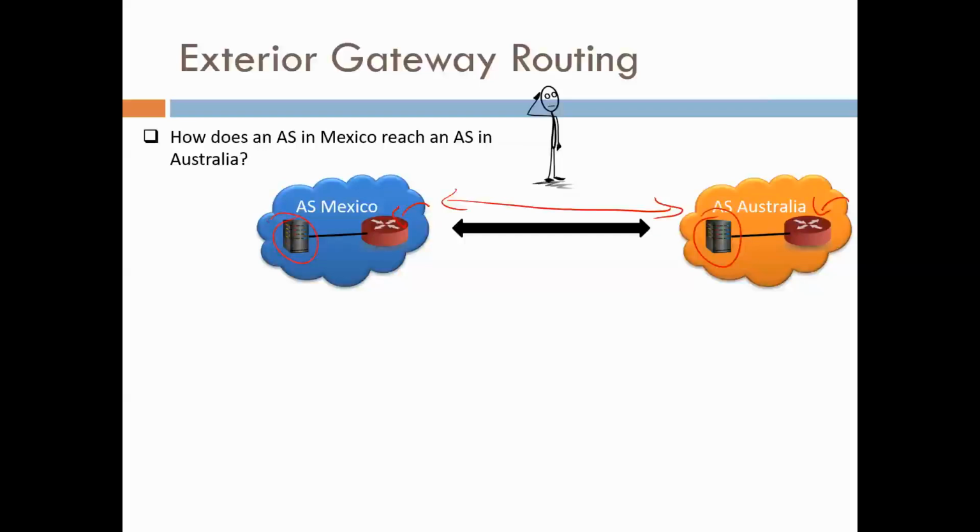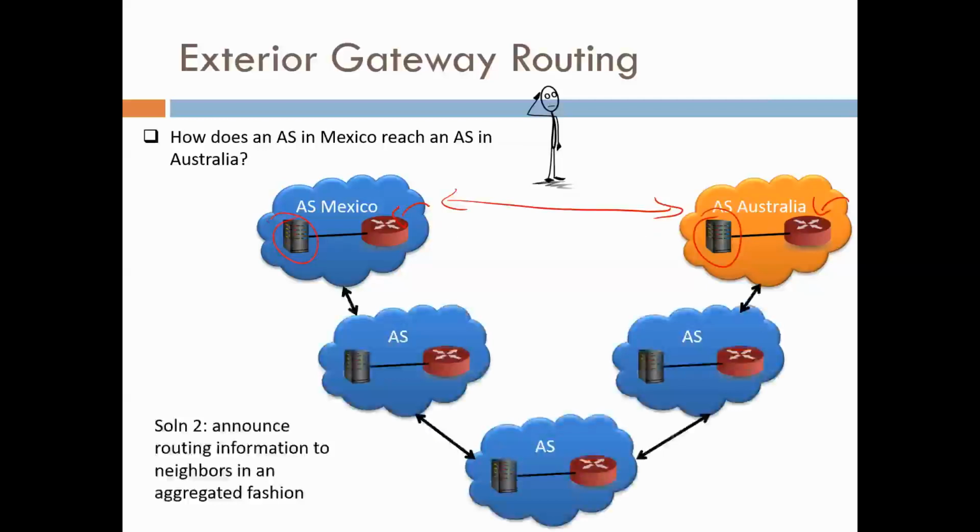If they want to communicate over the internet, more practically the border router will send packets from one autonomous system to the other until it reaches the destination. Now, BGP defines how one autonomous system reaches another autonomous system. How does the border router in Mexico know that to reach Australia, I have to send the packets through this border router? This is how BGP works.